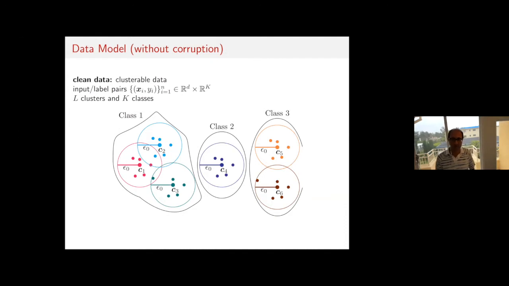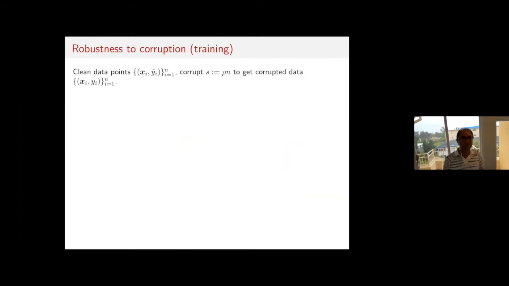Think of it like a mixture of Gaussians, but each class can have multiple mixtures. This is probably a reasonable assumption in something like MNIST, because people have demonstrated that this is true. The results I'm going to present hold a little bit more generally, but we will discuss that when we get there. So that's the data model. We have L clusters and K classes, and L is typically larger than K.